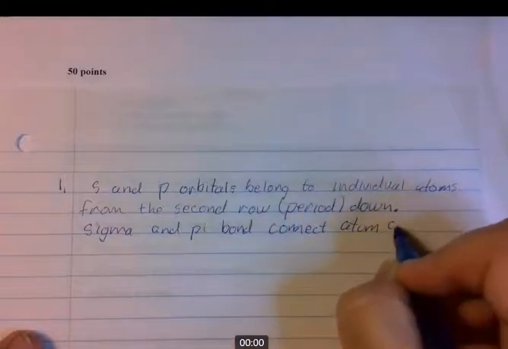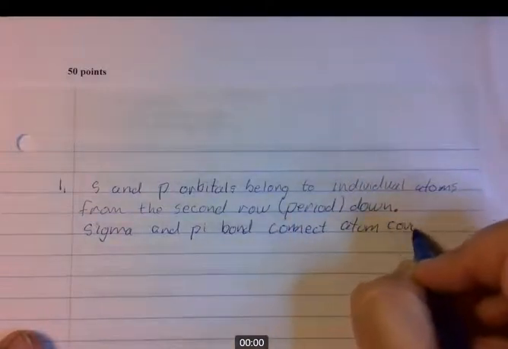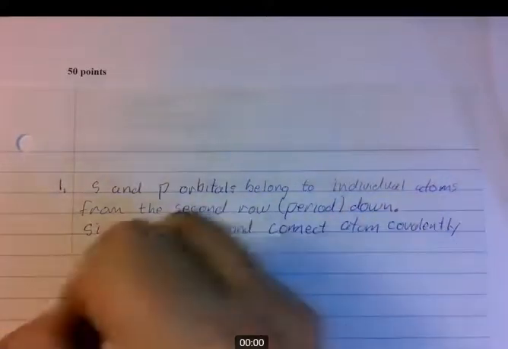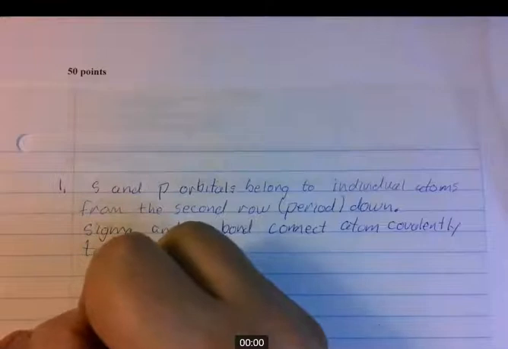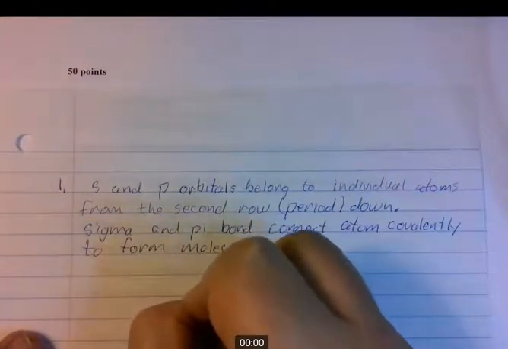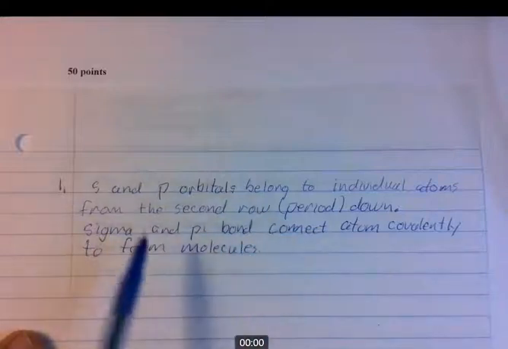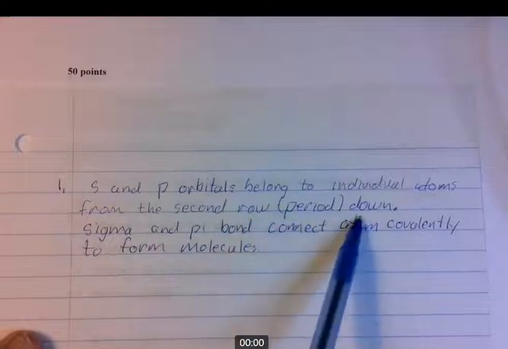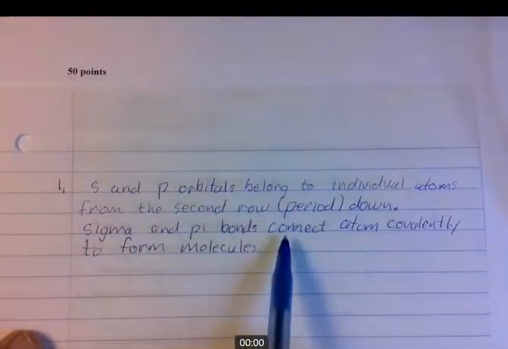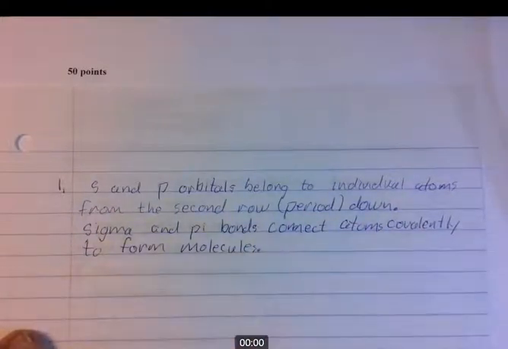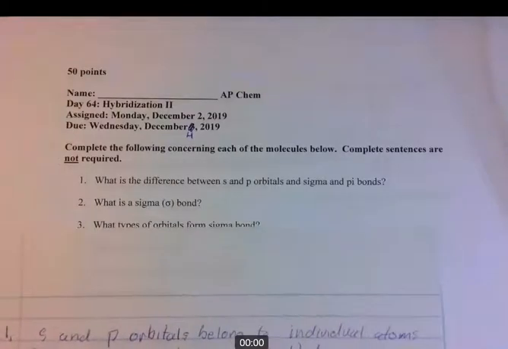Those are the ones that share electrons, to form molecules. Let's say that again. S and p orbitals belong to individual atoms from the second row period down. Sigma and pi bonds connect atoms covalently to form molecules. All right, so that's the answer to number 1.